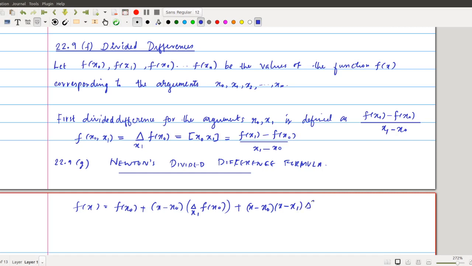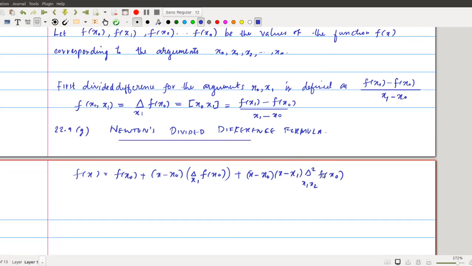times delta square x1 x2 f of x naught. Okay, so this is the second order divided difference formula. Okay, so that is obtained from this. So this is defined as, we will write the definition of this later.